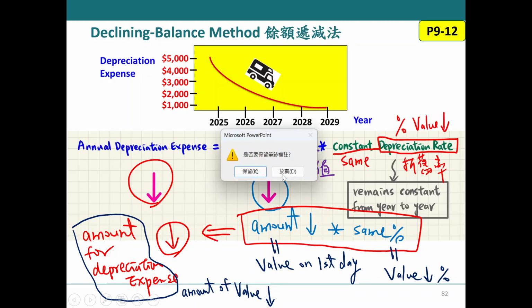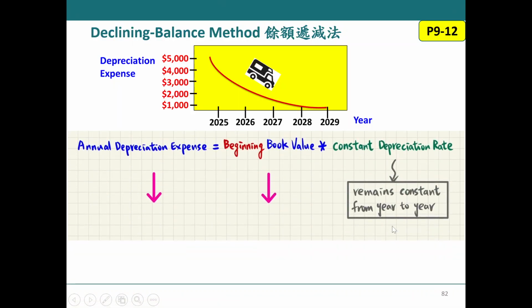Okay, so let's see after you understand the concept. So what's the concept? Based on your beginning book value, your PP&E's value on the first day, the value decreases each year.